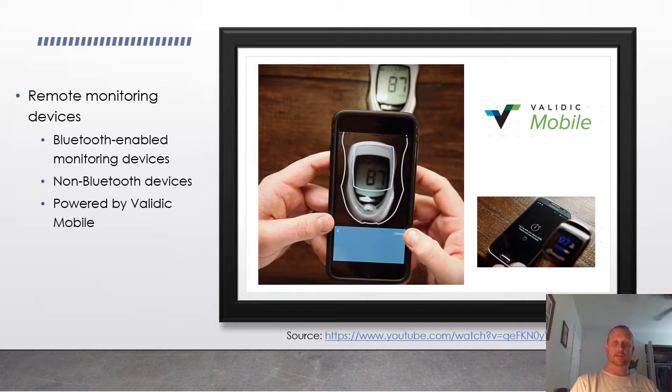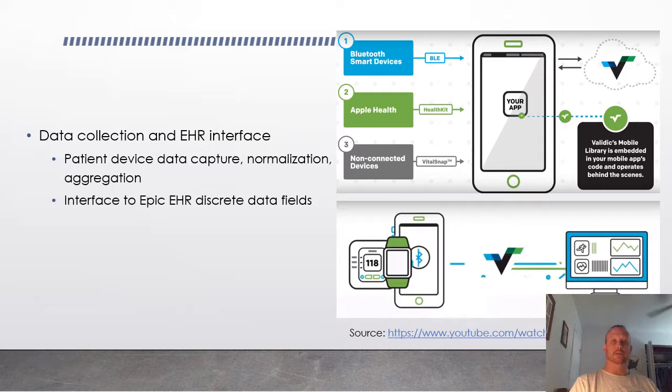But for most of them, they can simply use a Bluetooth enabled device, and this is pretty much all Bluetooth enabled devices, no real restrictions on this, to sync up to the Validic mobile app, use their devices as they normally would, and then that data will be uploaded to the Validic app where they can see it, and it will be sent then onto the Validic data collection interface.